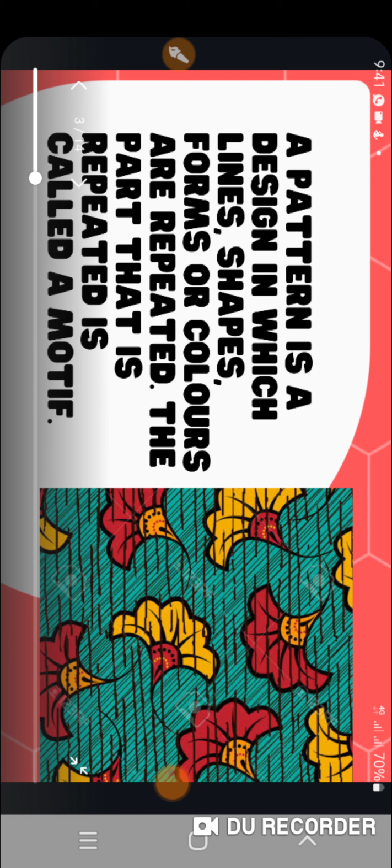The part that is repeated is called a motif. Meaning that this one that is being repeated several times is called a motif. That means one of it is also called a motif. You understand? You get it? Question, madam.